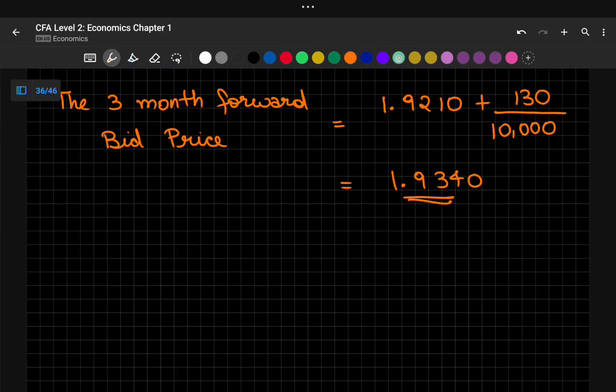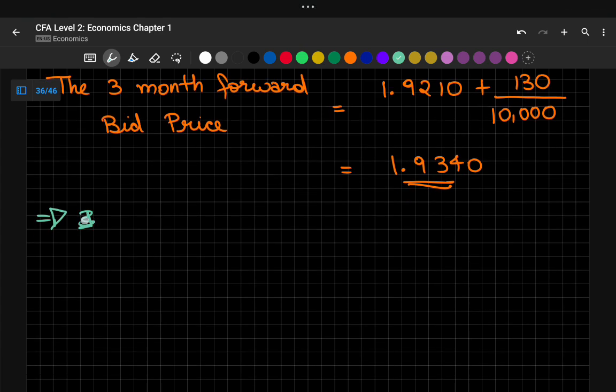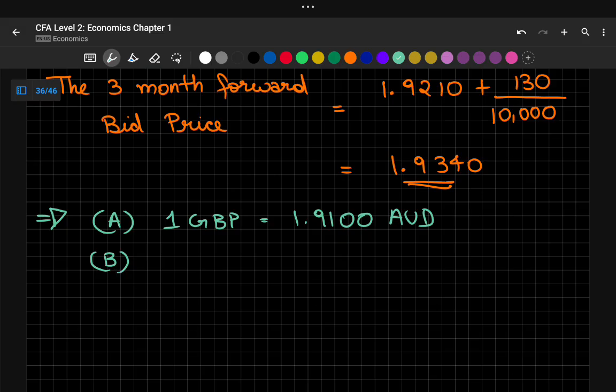Now this value means that for the first contract, that is the 9-month forward contract, Ria bought each GBP for 1.9100 AUD in the beginning. Now, in the offsetting contract, Ria is selling each GBP for 1.9340 AUD.